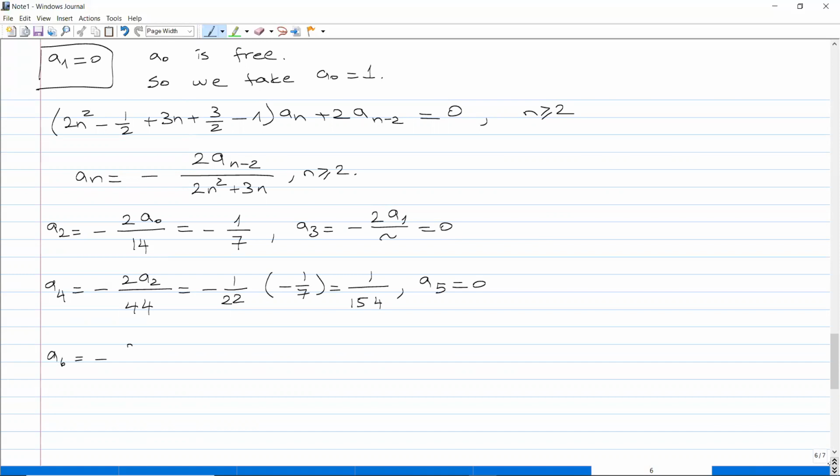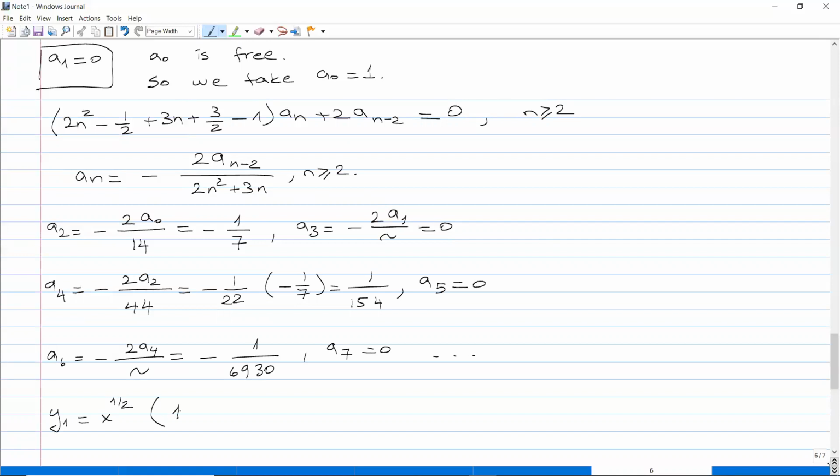a6 is minus 2 a4 divided by, if you put n equals 6, let me see, what do I get? If you substitute a4, this comes to minus 1 over 6930. a7 is 0 again, and so on. So my first solution, y1, is x to the 1/2 times the series.